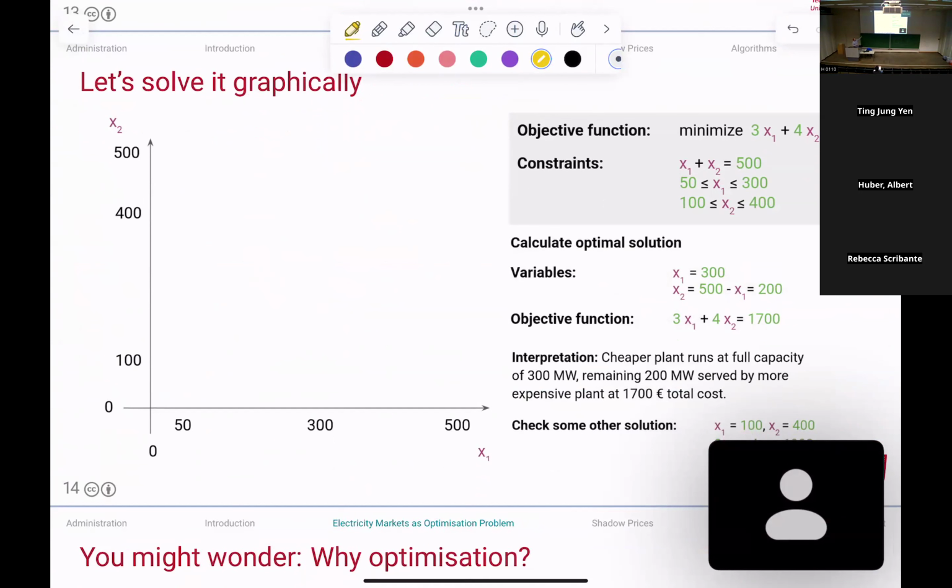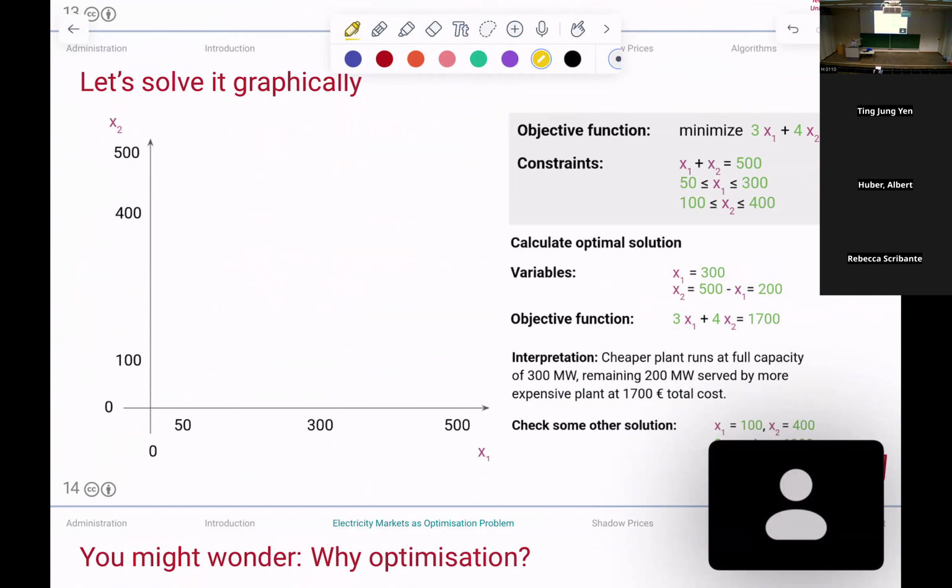Where I now have this, it's simple so that we can actually calculate that on a 2D graph. On x1, we have the dispatch of power plant 1. On the y-axis, we have the dispatch of power plant 2.